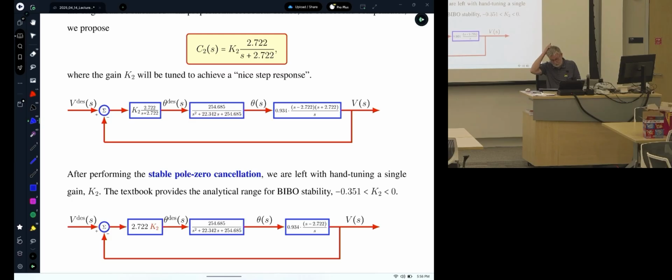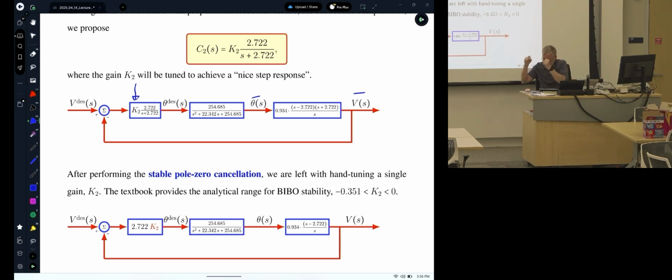So there's the controller for regulating speed. We're going to use proportional feedback, and then we're going to cancel one of the zeros that's in the forward path from theta to velocity. Okay, it's fairly sophisticated, but it's the same thing we did when we regulated the angle.